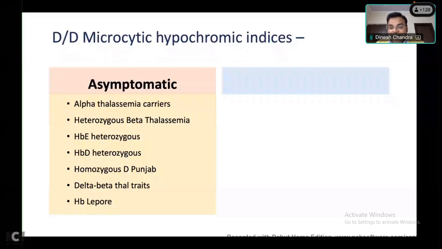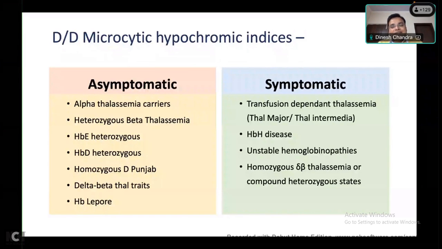But if I say these patients are symptomatic, then what will be the differential diagnosis for a symptomatic patient presenting with microcytic hypochromic anemia who is not nutritional? Just now you told homozygous thalassemia.